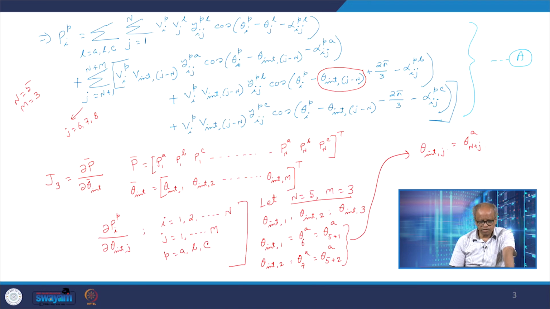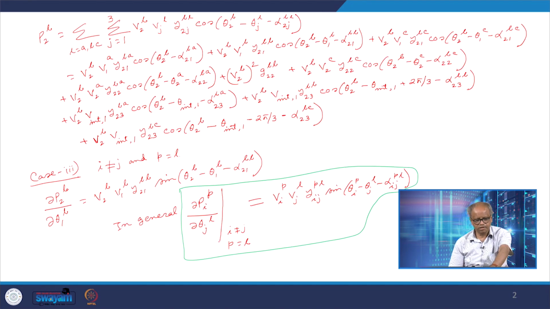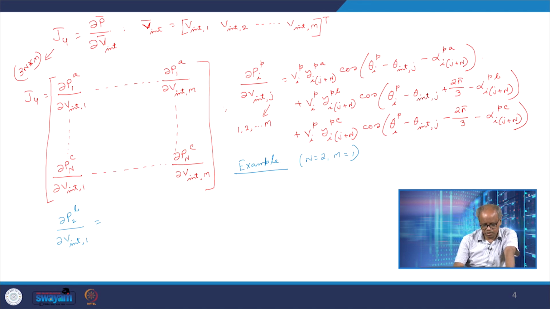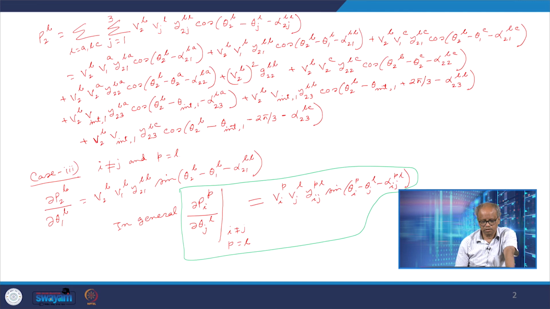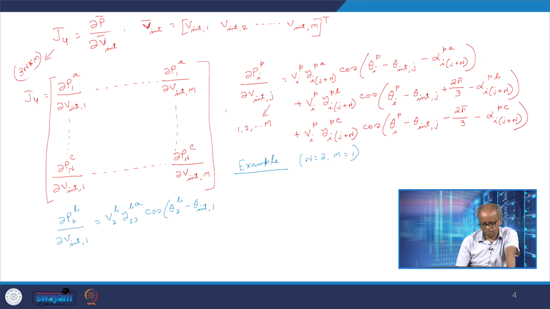So del P2B by del V internal 1, we have already written it very clearly. So it is V2B Y23BA, right? Then cosine theta 2b minus theta internal 1 minus alpha 23BA.